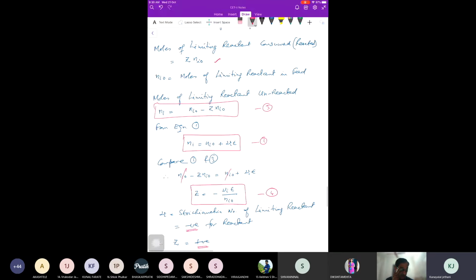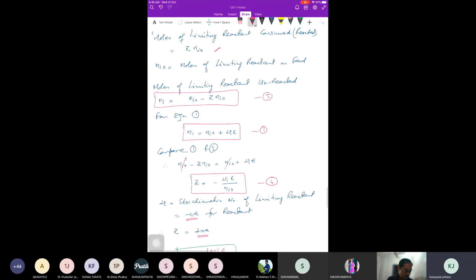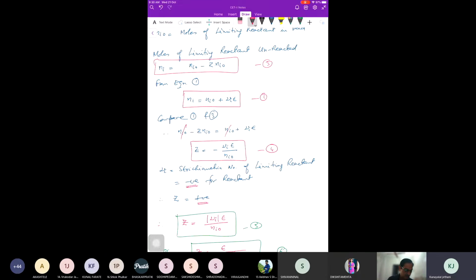Okay, so equation 4 is the relation between z and epsilon, where nu is the stoichiometric number. Here we are taking z, and when you talk about z, you always talk about the limiting reactant, right? But epsilon is for all. So there is no need for limiting here. I think we should remove this word limiting. It is not even a reactant only.